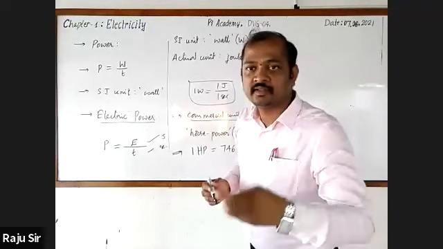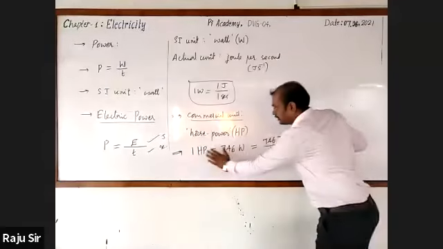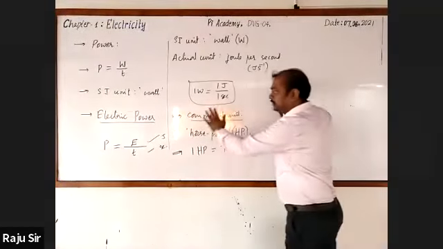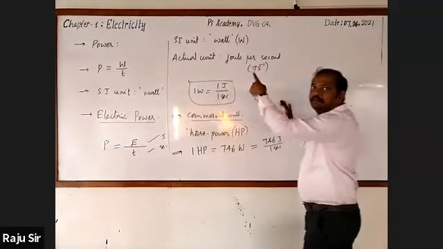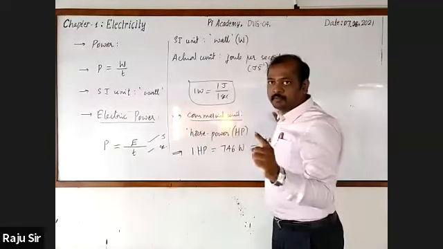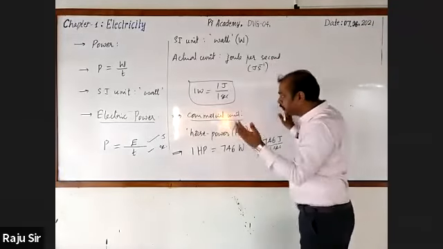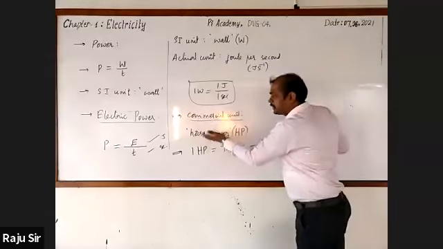Okay. One student is asking, what is the last term? Once I repeat, the SI unit of electric power is watt. Means watt is the unit used for measuring electric power. When it is considered as a smaller unit, then we will go for using a bigger unit, that is called horsepower.